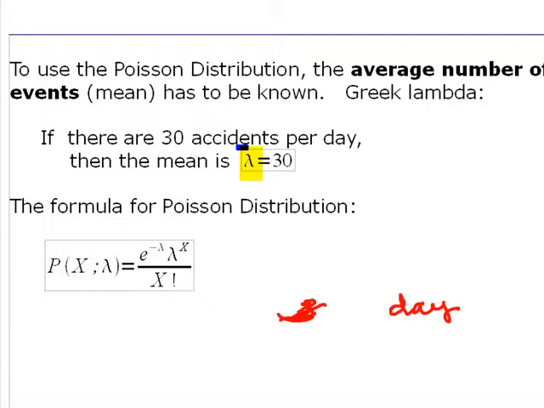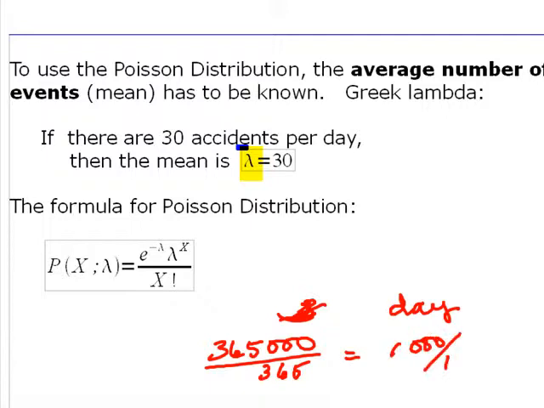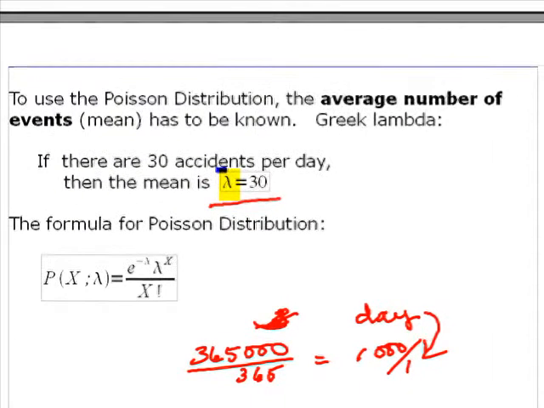Say there were 365,000 accidents in a year. You'd have to divide by 365 to find out that there were 1,000 accidents every day. So you would need it per day. It has to be in the units that you're working in.